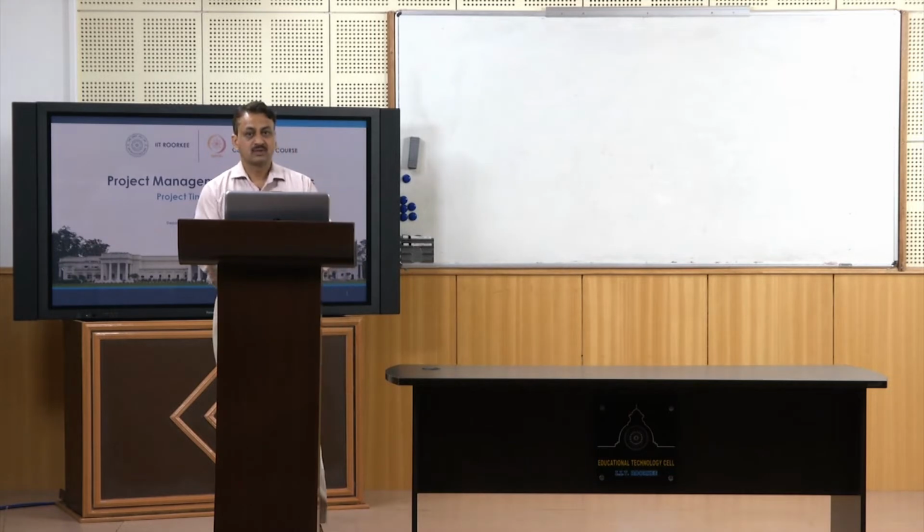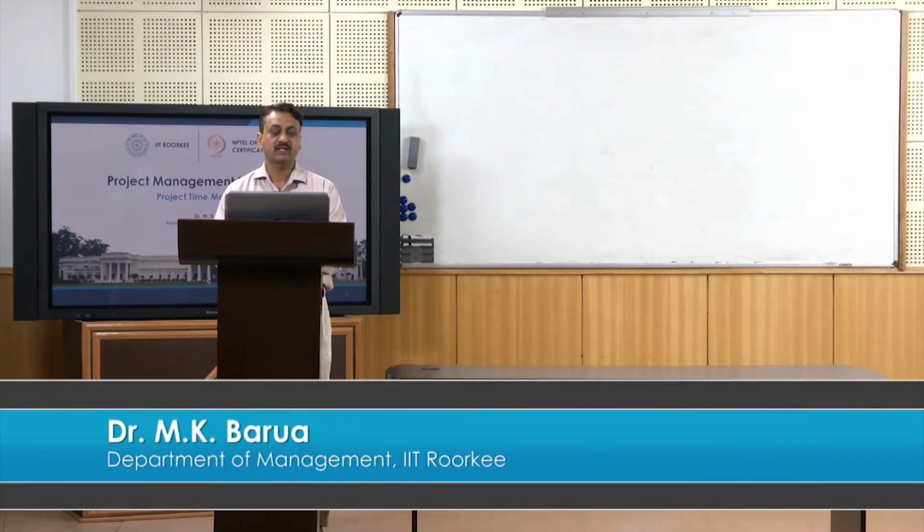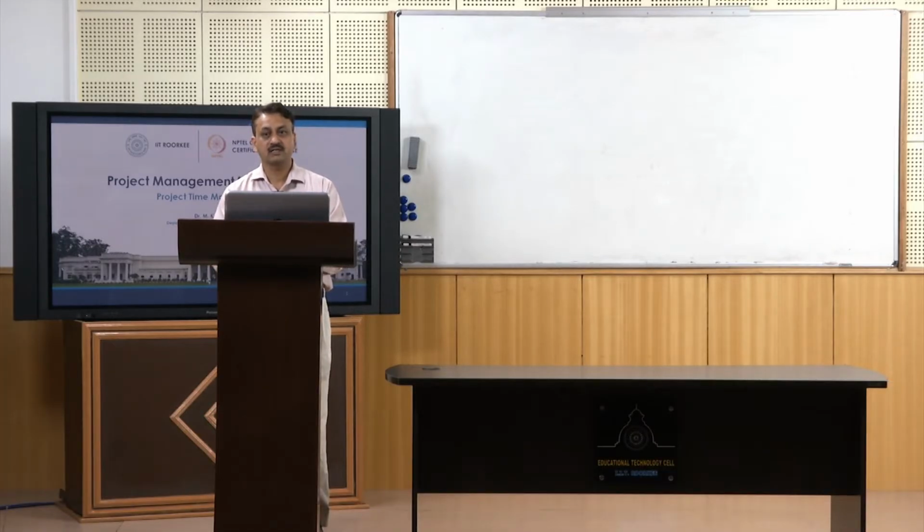So apart from those 7 processes, we have seen how to monitor a network, right? And there are different ways of monitoring and controlling a project. We talked about bar chart or Gantt chart, life cycle curves, LOB and network.